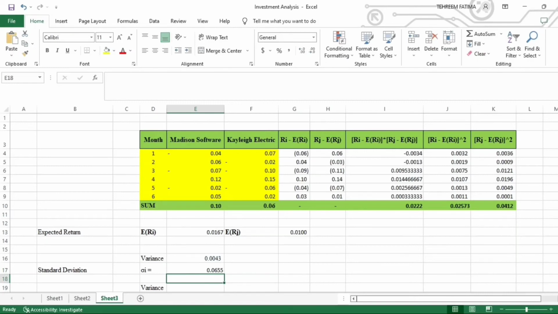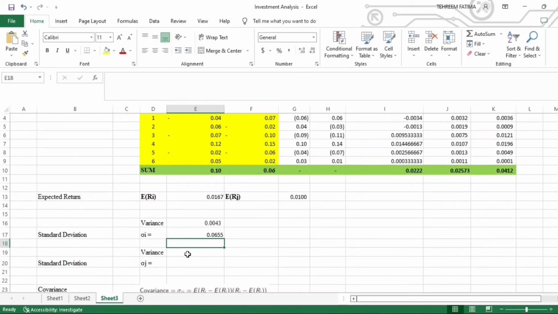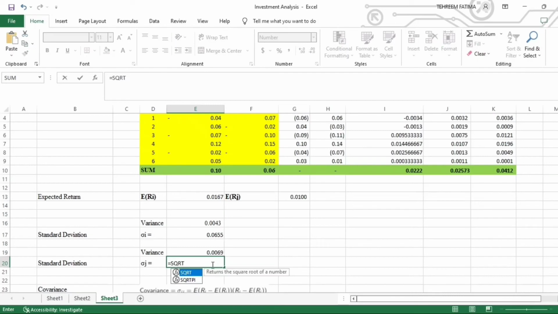Same I'm going to do for the variance of Kayleigh Electric: equals the sum product divided by the number of investments, 6, enter. Now the standard deviation of the individual assets in the two asset portfolio for Kayleigh Electric company equals square root, parenthesis open, this value, parenthesis close, enter.